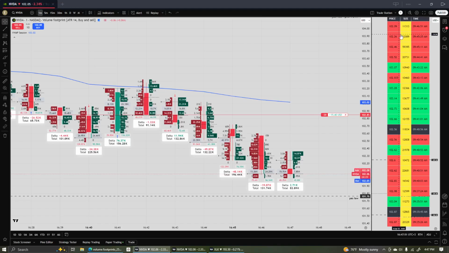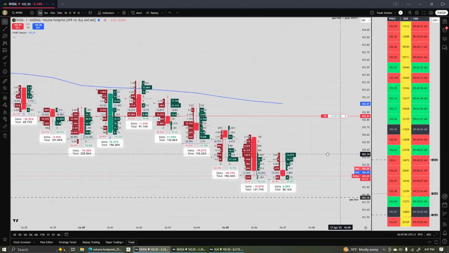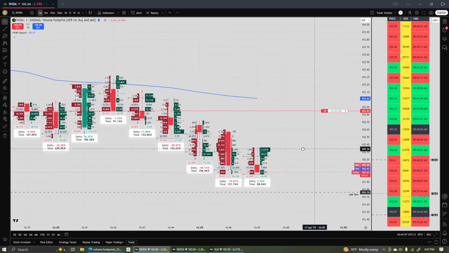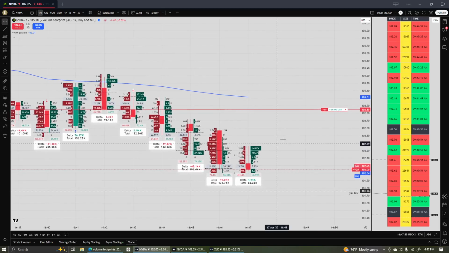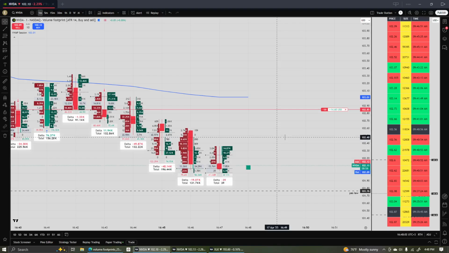The price is stuck at 102.04, and it should be for a little bit because there are buyers supposed to be there. It might give some hiccups before it drops below 102. It might not do it so smoothly.